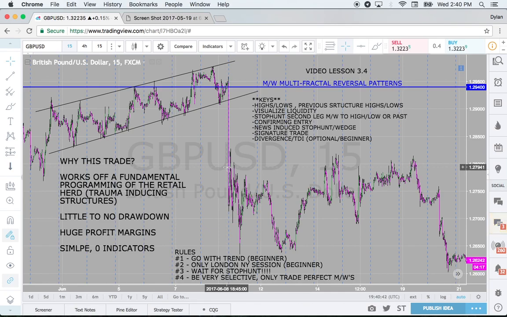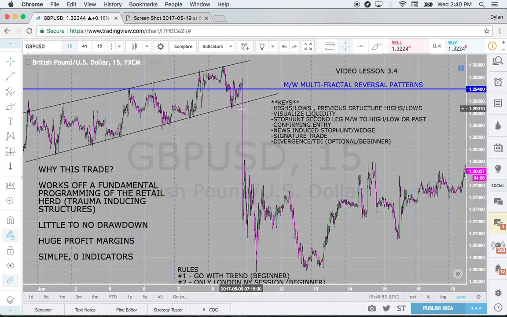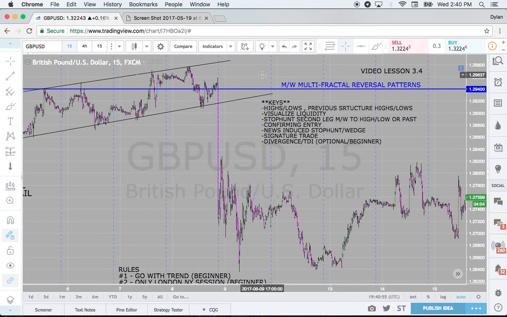So we're going to focus on the 15-minute chart and trading intraday. So holding trades for a few hundred pips, for a few hours or a few days, not just a few minutes or 3 or 5 months.